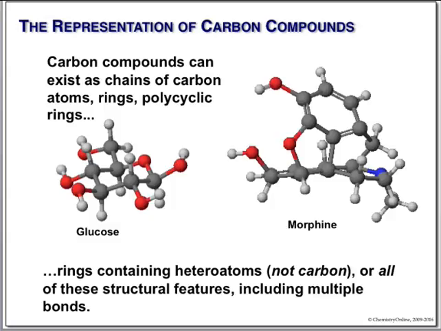When we speak of compounds like this, we refer to these guys, the oxygen and the nitrogen, as heteroatoms. Hetero because they're not carbon. In organic chemistry, carbon is king. Everything else is something different.